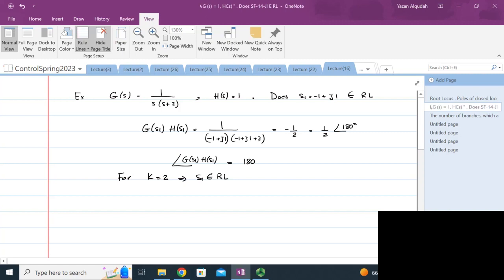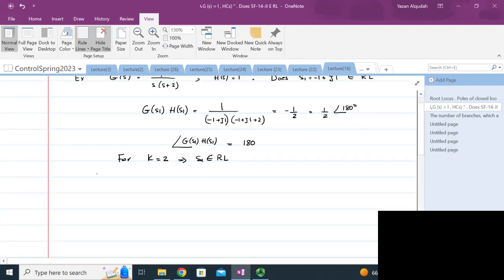Does that make sense, everybody? Now let's take another point. Let's see, does S2 equal to negative 4 belong to the root locus? We're going to do the same thing. We're going to calculate g of S2 multiplied by h of S2, which is going to equal 1 over negative 4 multiplied by negative 4 plus 2, which is going to equal 1 over 8.